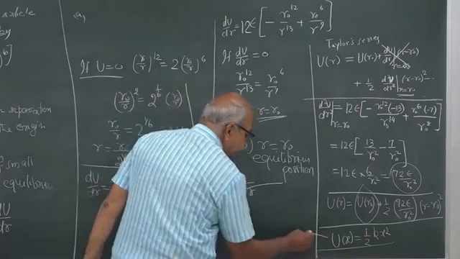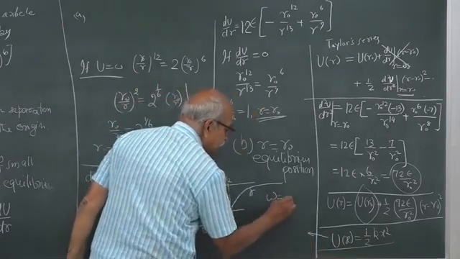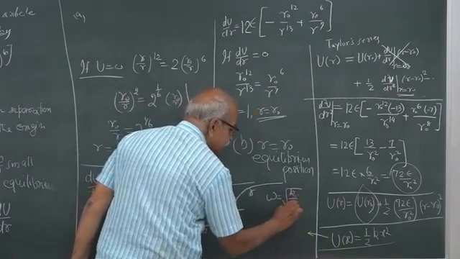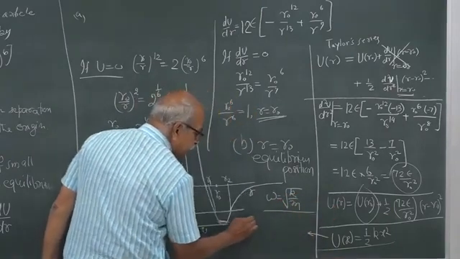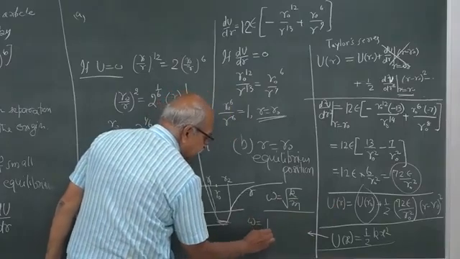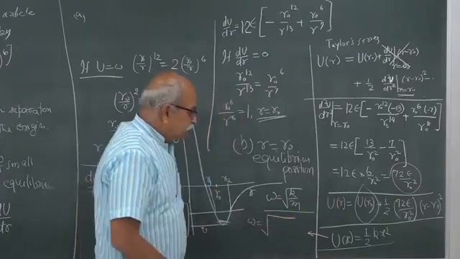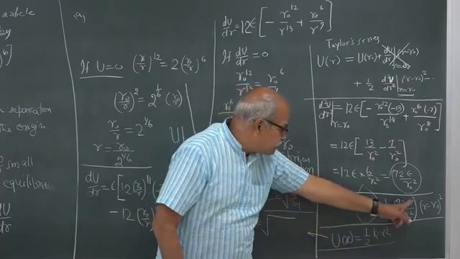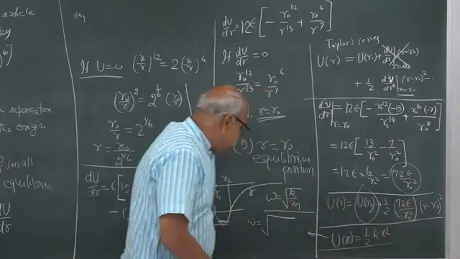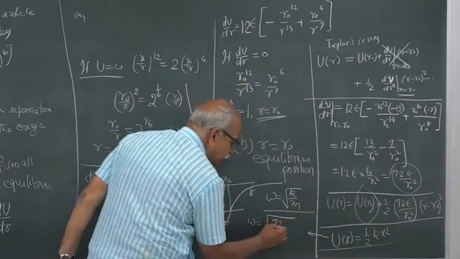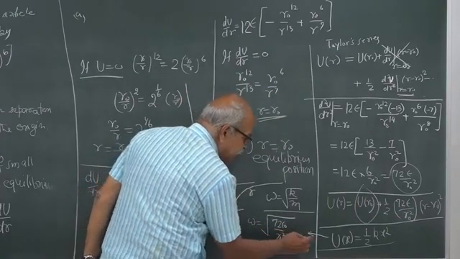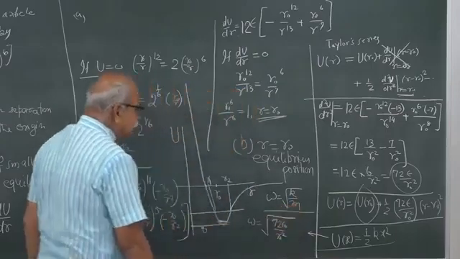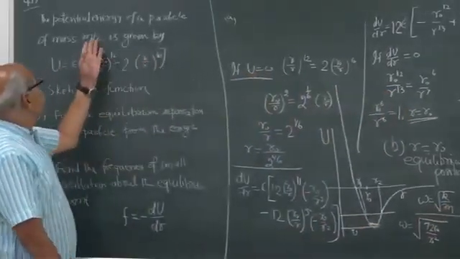For SHM you know angular frequency is square root of k by m. So, the same equation here, in our case omega is equal to square root of k. In place of k I have 72 epsilon naught by r naught square, divided by m, and mass of the particle here is m by 2.